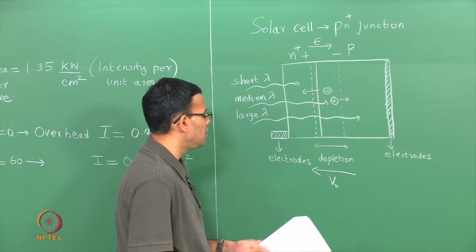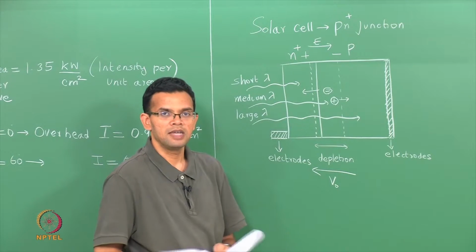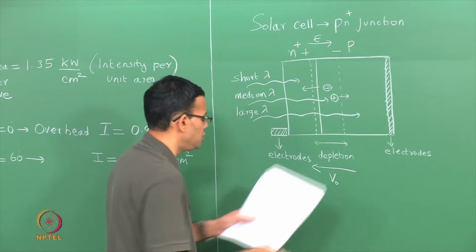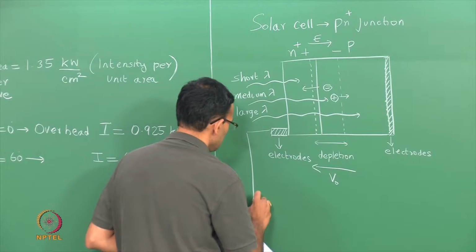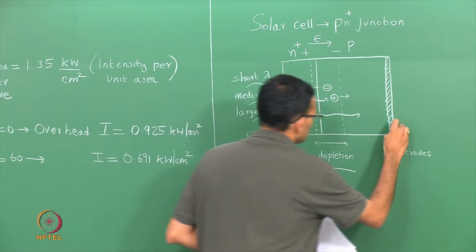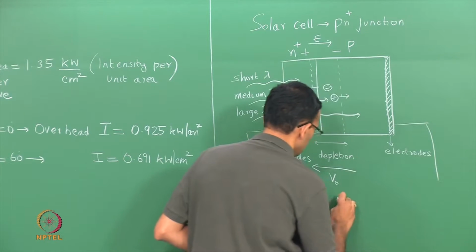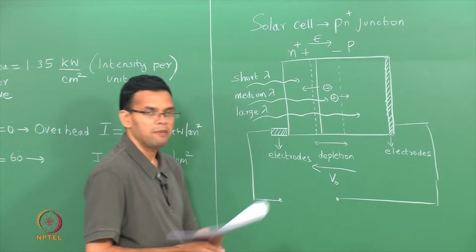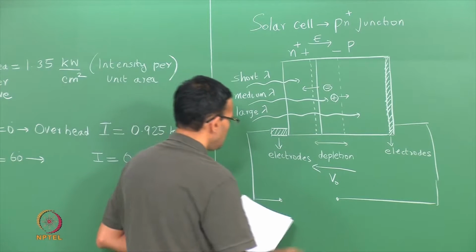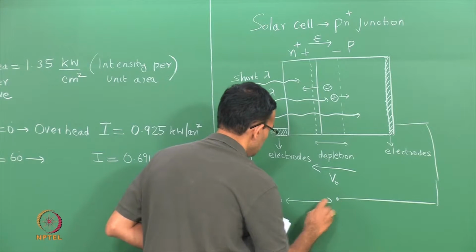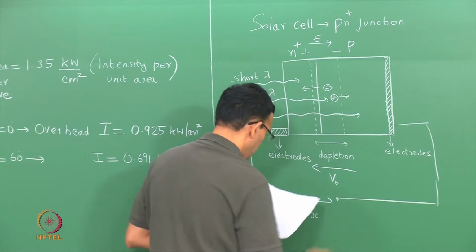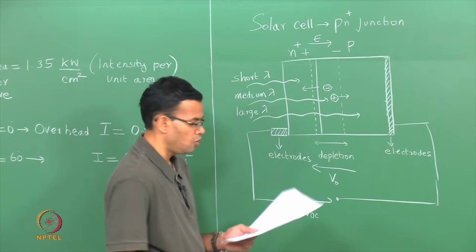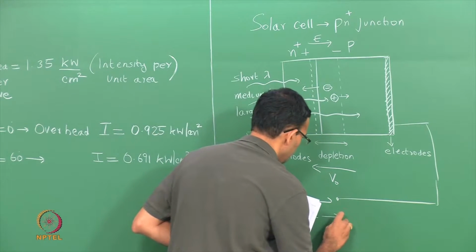This means there is now a potential that develops between the p and the n regions. In the absence of any external load, this potential is called V OC, which is your open circuit potential.